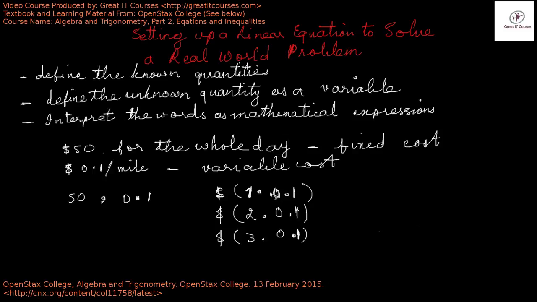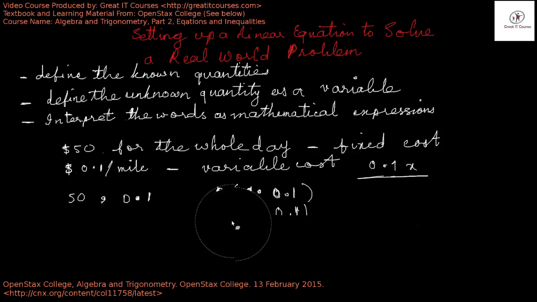And so if I denote this as x, it could be x into 0.1. And so this is going to be equal to 0.1x. So 0.1x then is going to be your variable cost, 0.1x. And so then you know how you write your equation.